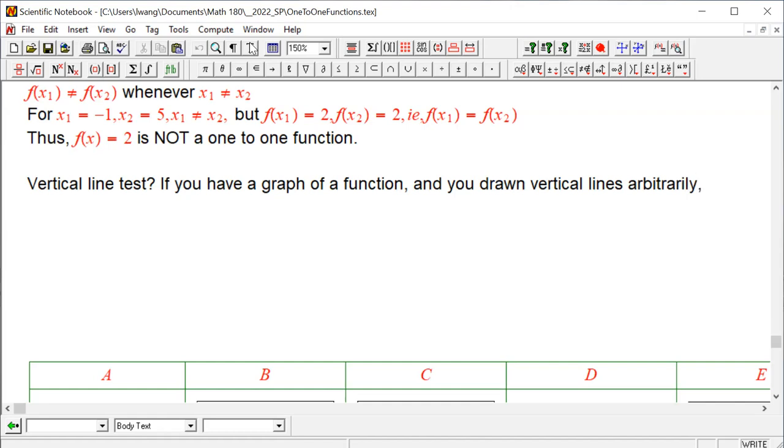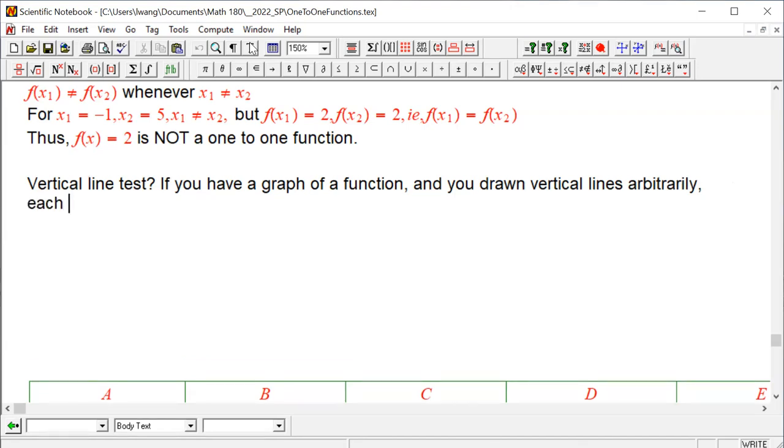You can draw any way you want, vertical lines. Each vertical line touches the curve you drew, the graph, no more than once. This is the vertical line test.